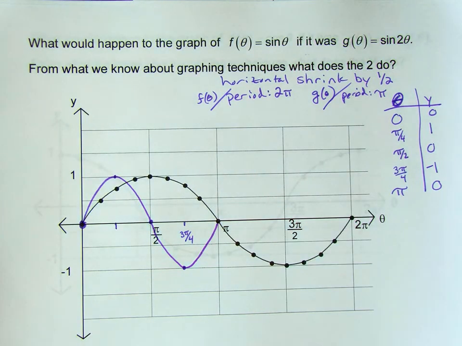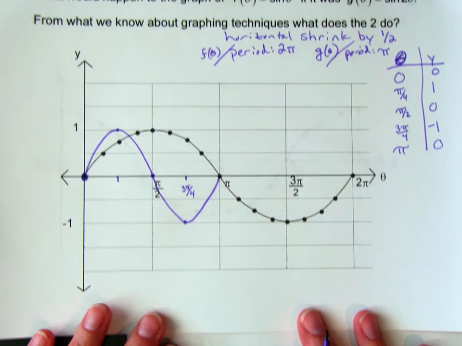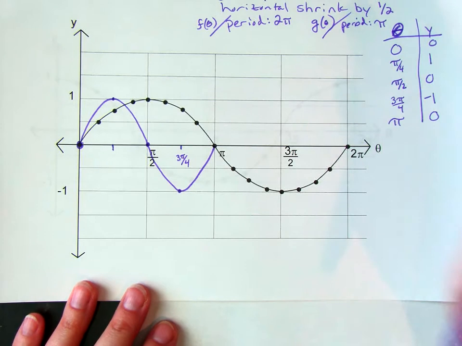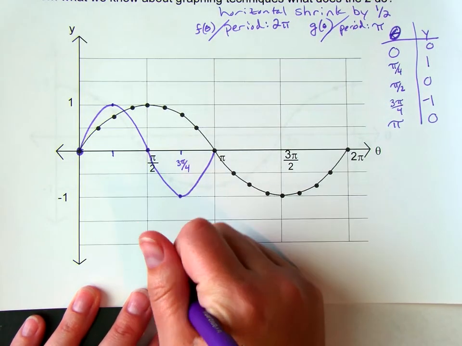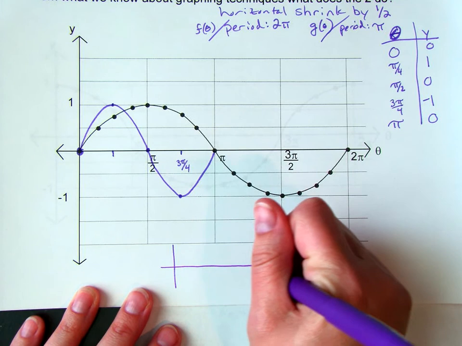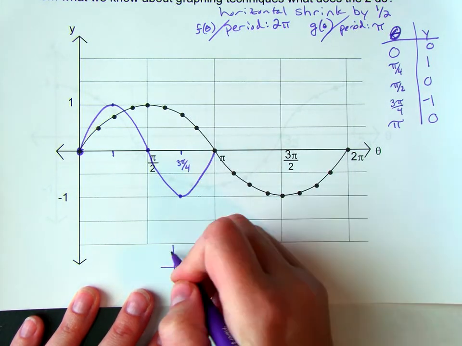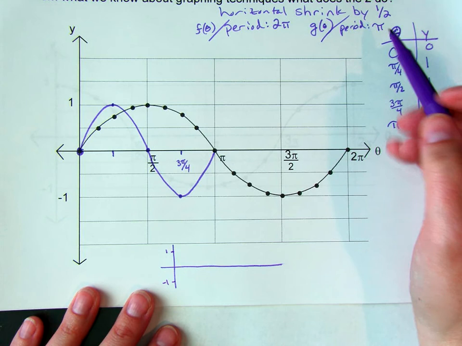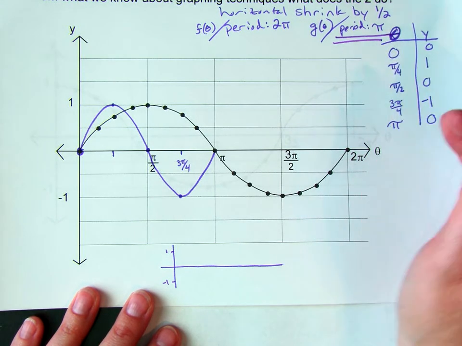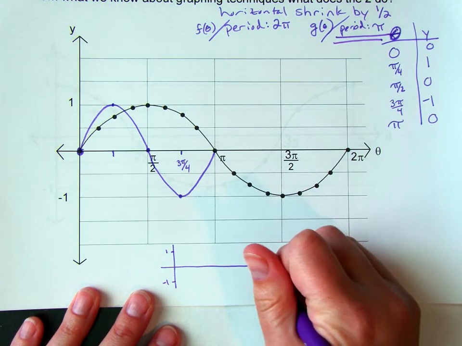Now, I personally think graphing horizontal shrinks and stretches is difficult when you put it on the same graph as the parent function. So you can write this out, but this is how I do it. I don't graph the parent function. I still do my 1 and -1, but then I look at my period that we found of pi, and I start with pi.